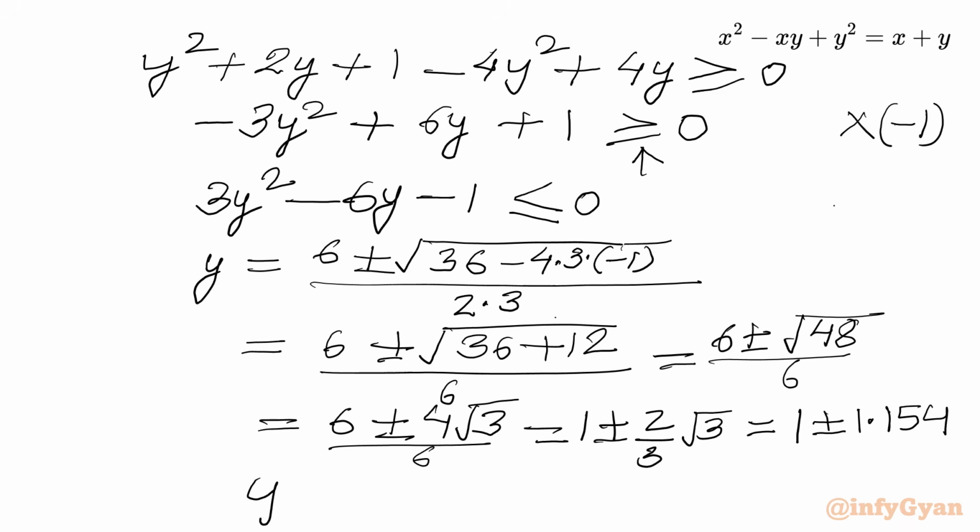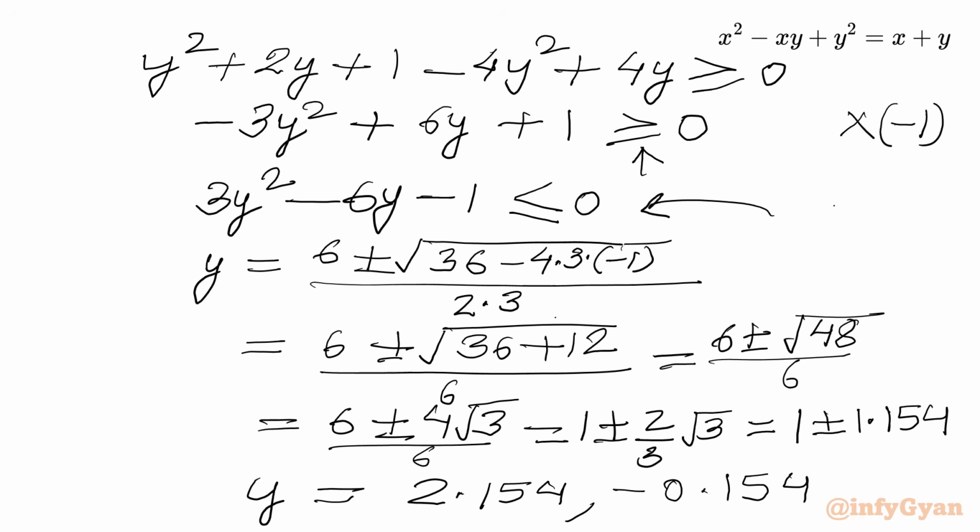Which will give us two y values. y will be equal to 2.154 and y will be negative 0.154. So we have a less than or equal to 0 inequality. So y will lie in the interval of both the roots.